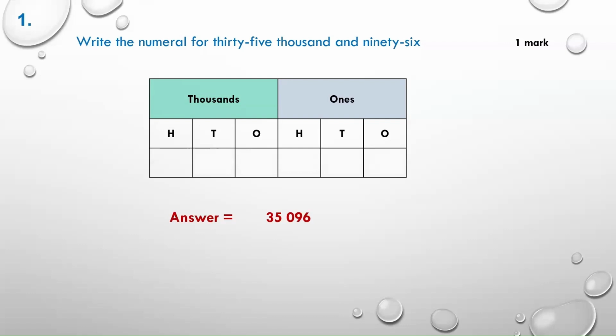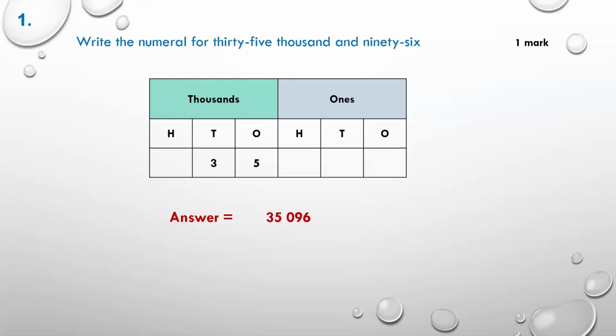So if we look at our question, 35,096, 35 would be 3 tens and 5 ones. 35, and it's under the family of thousands. And now we have 96. So are we seeing, we finished with the thousands, we're now moving to the family of ones.